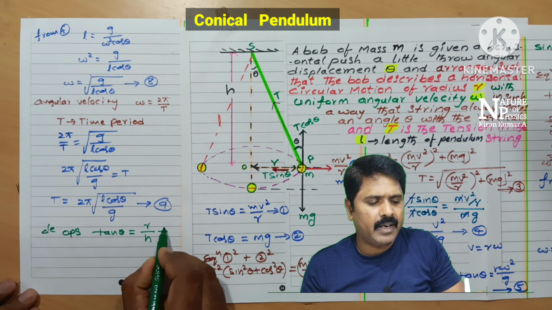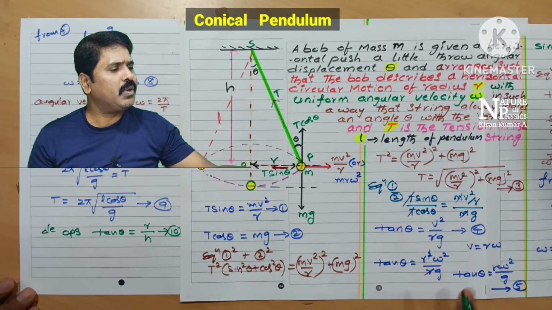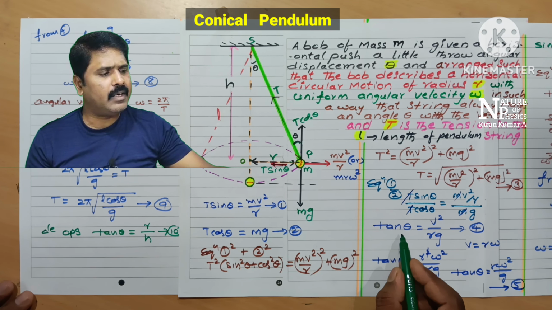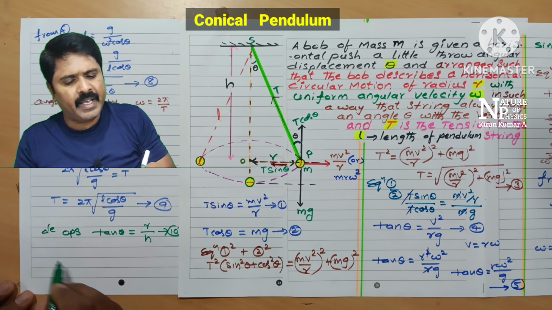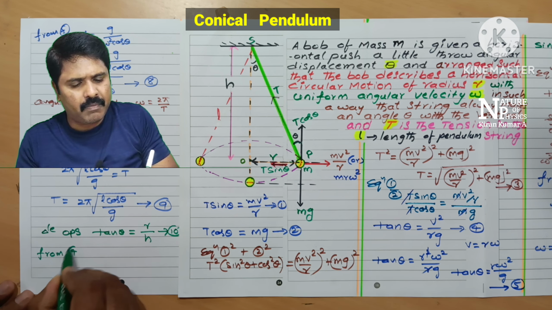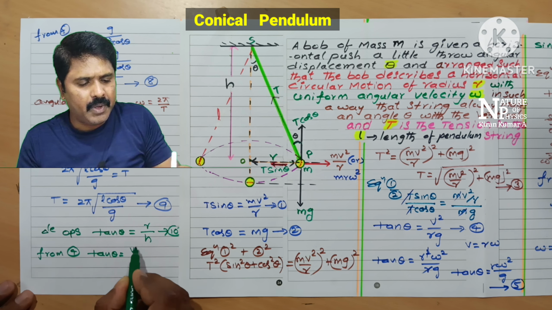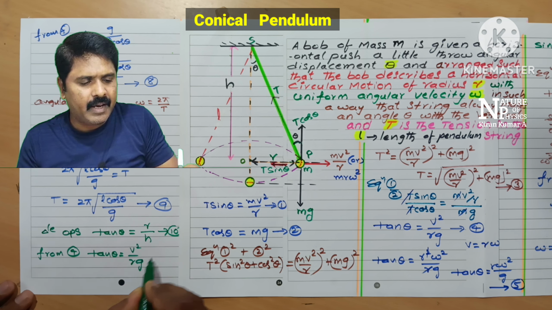Student, now I can write this as equation number 10, and from equation number 4, tan theta is equal to V square divided by RG.